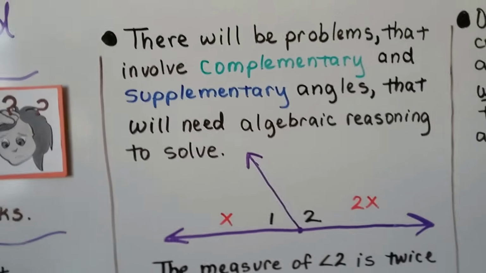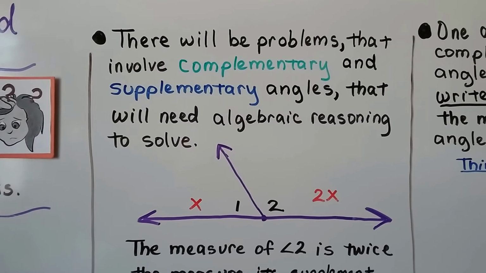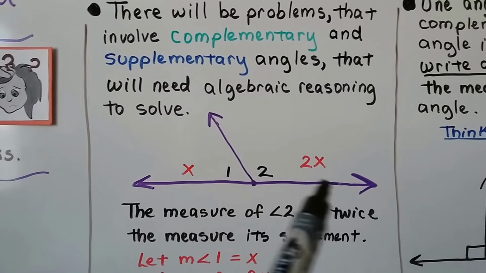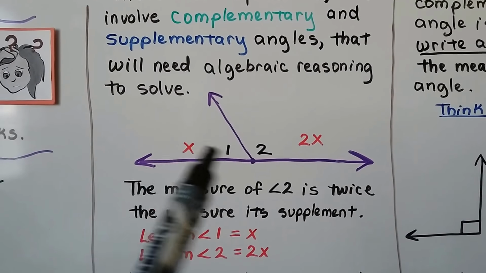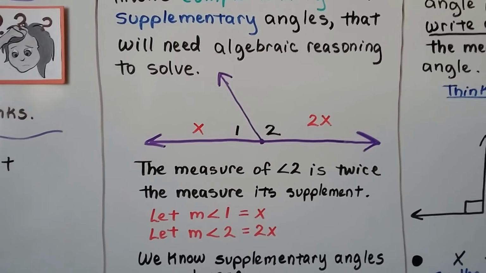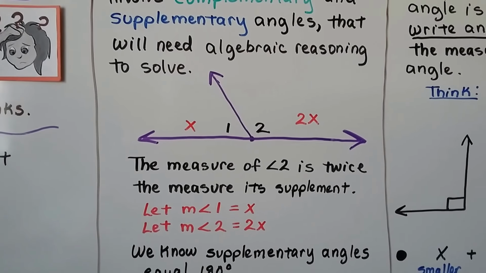Now, there'll be problems that involve complementary and supplementary angles that will need algebraic reasoning to solve. So here we've got this drawing, and we can see we've got angle 1 and angle 2, and I have an x and a 2x here, and I'll show you why. It says the measure of angle 2, this one, is twice the measure of its supplement.